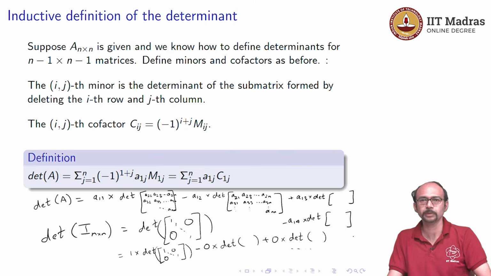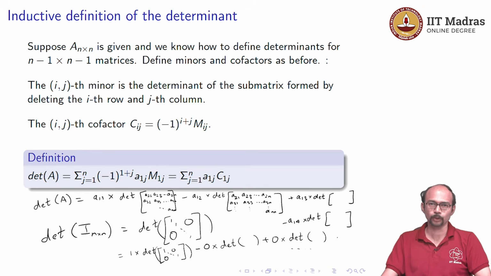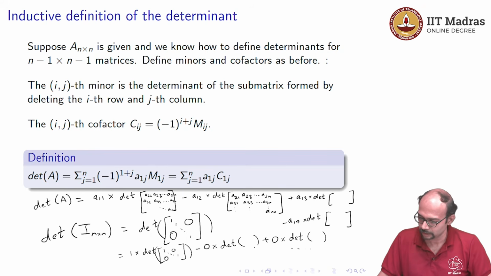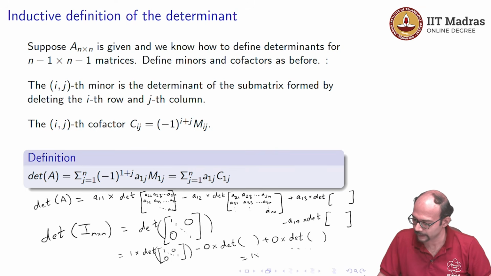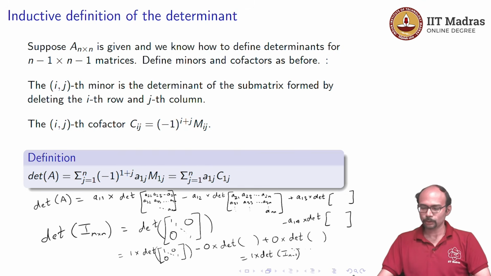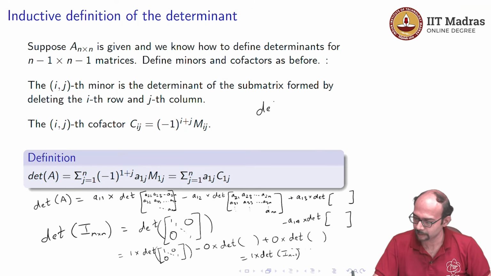So all these terms are going to be 0, because in the rest of the first row all the terms you have are 0. So what do you get? You are left only with 1 times determinant of the identity matrix of smaller size. Okay. So determinant of In is determinant of In minus 1.